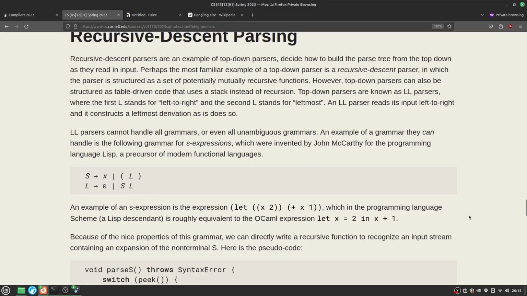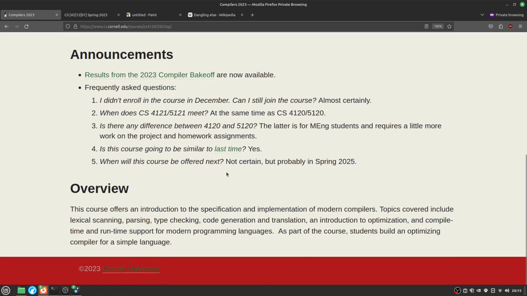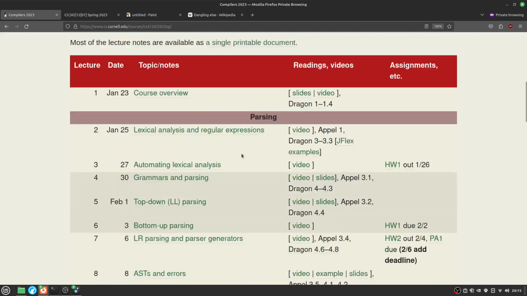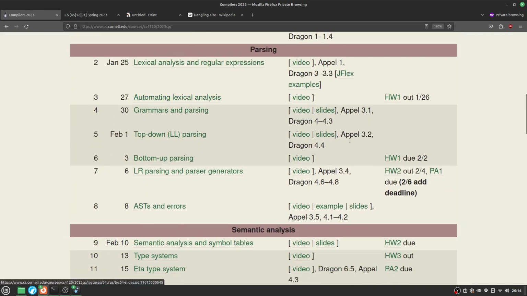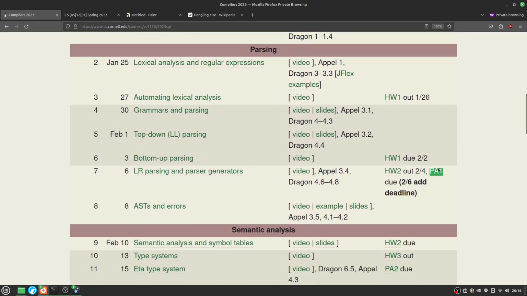Cool. So the next step... Actually, I'm sort of at a crossroads here because I just noticed that programming assignment 1 is due by lecture 7. It never actually said that it was out, so I didn't see it until now.